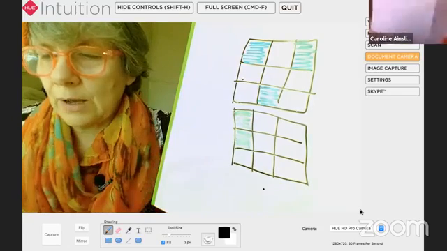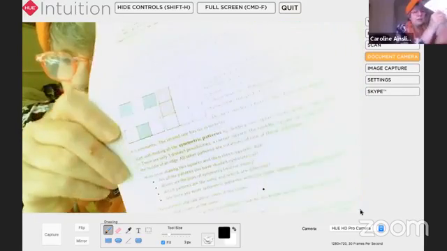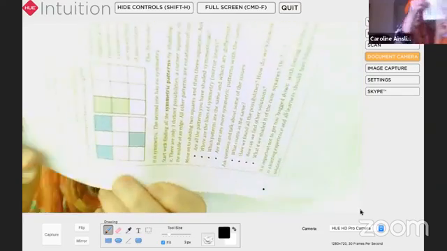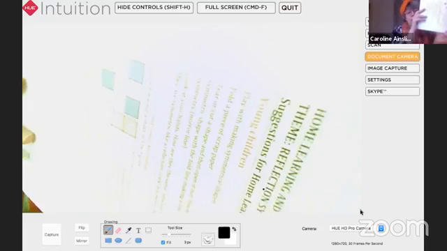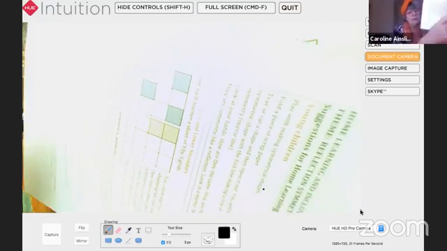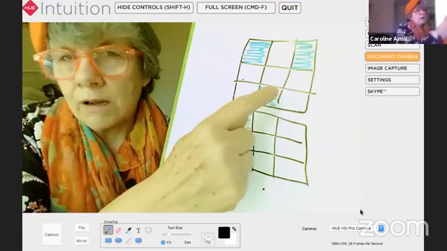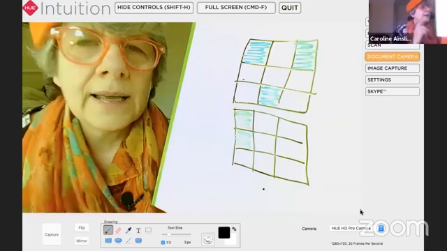Now I'm going to do that with this one. I'm going to rotate this one. Okay, I've got it on the paper and make sure you can see it. I'm going to rotate it. See how it changes. It looks different, but it's rotated. The idea behind it is that that top pattern is the same as this pattern, only rotated. So as far as symmetry is concerned, it's the same.